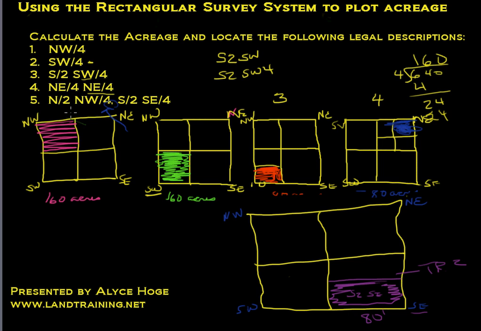So then let's read this one. This is the north half of the northwest. That is a completely different designation because of the comma. So when we have the north half of the northwest, we're going to come up here to our northwest quarter. Again, remember we're reading this backwards. And we're going to go the north half of that northwest quarter.